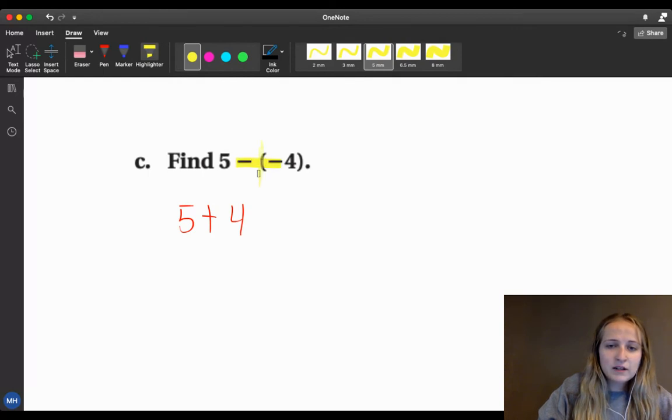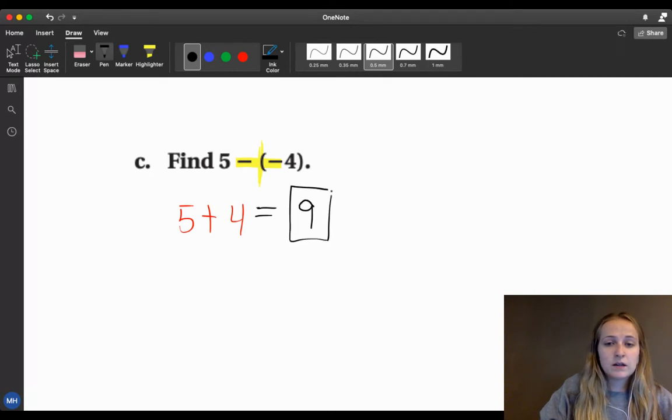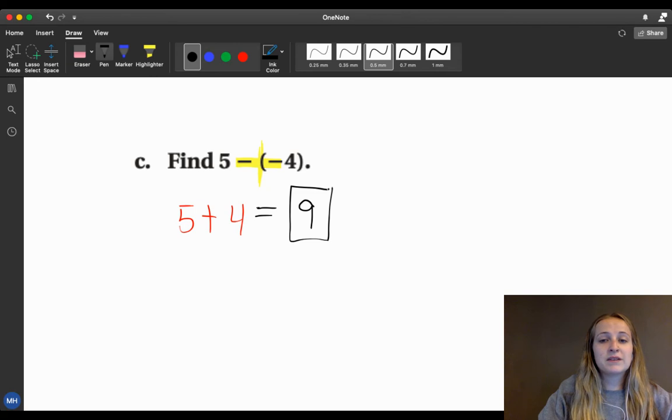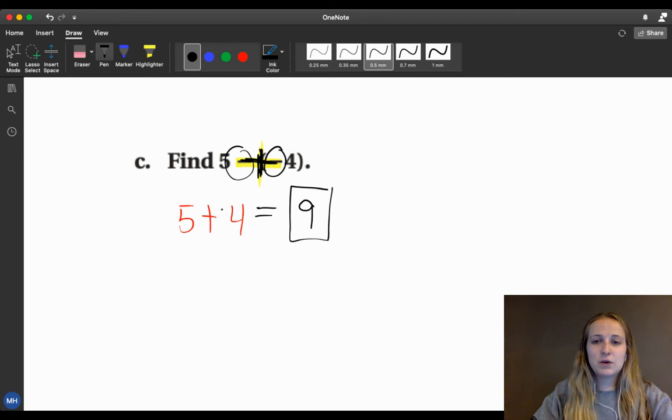Combine them together, make it an addition sign, and then I know that it's 5 plus 4. All right? And 5 plus 4, I think we all know what that is. That's going to give me 9. All right? So that's a little trick. If you have a subtraction sign right here and a negative sign right here, essentially they're always going to turn into a positive symbol. And that is what our rule tells us as well.